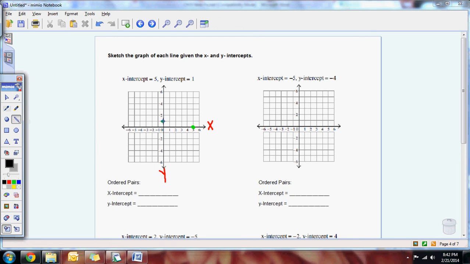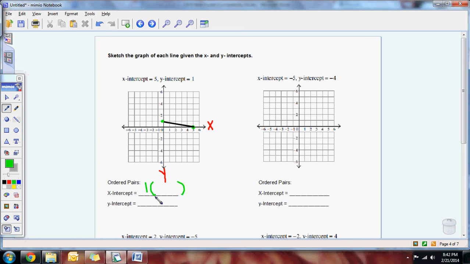Okay? Now you always have to write these as ordered pairs. My x-intercept is going to be over 1, 2, 3, 4, 5, and 0. And my y-intercept is going to be over 0, up 1. So again, sticking with that pattern of the zeros.